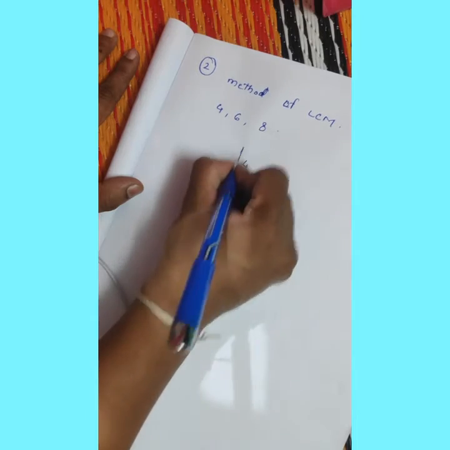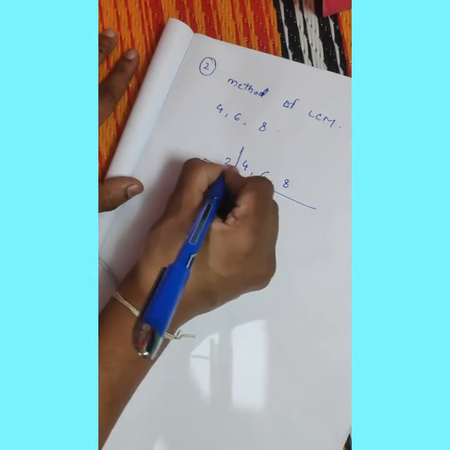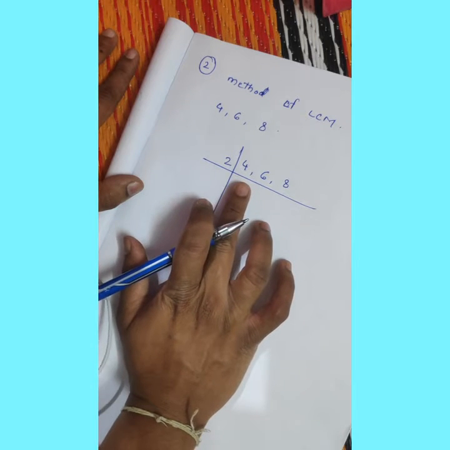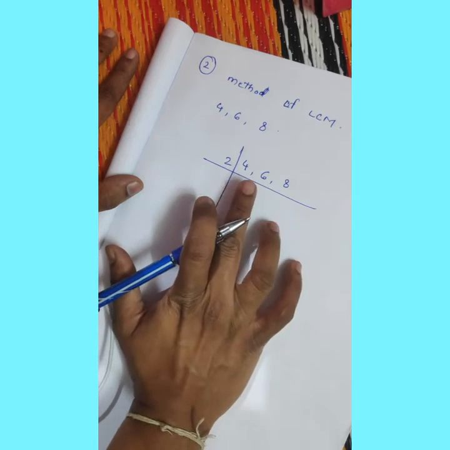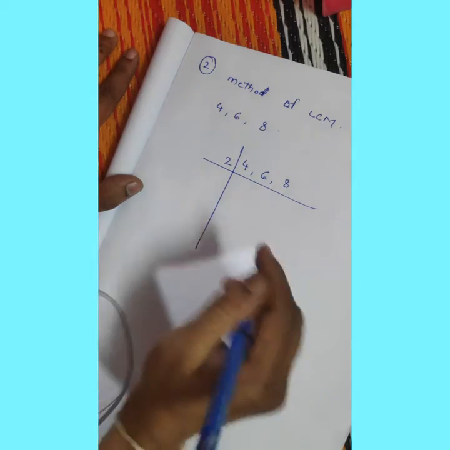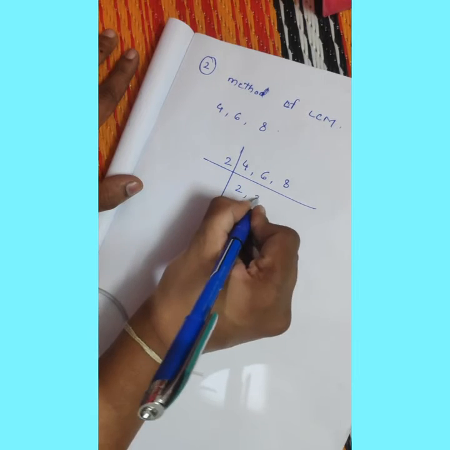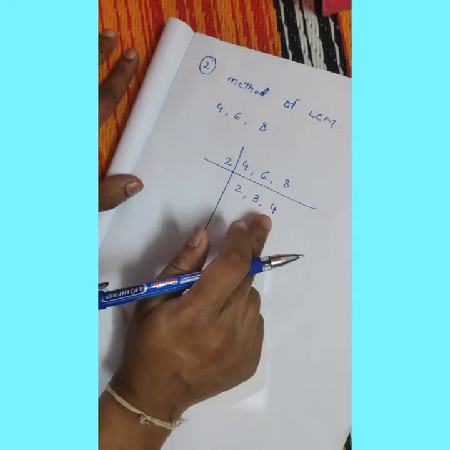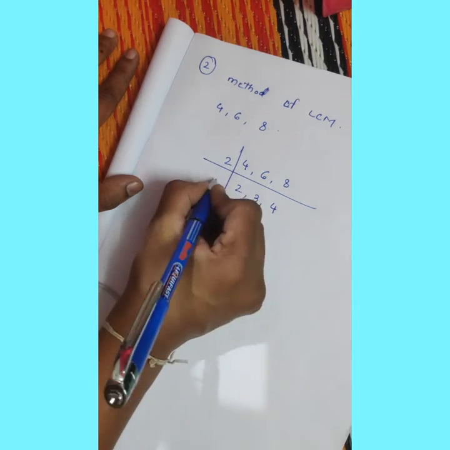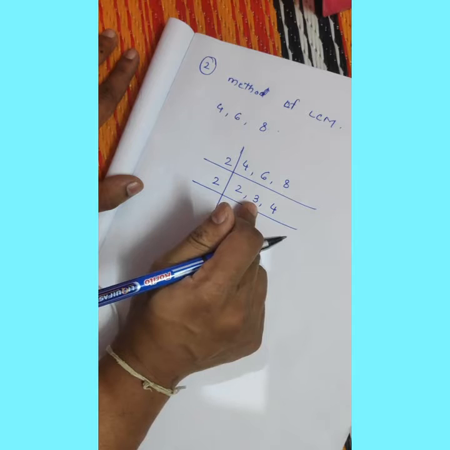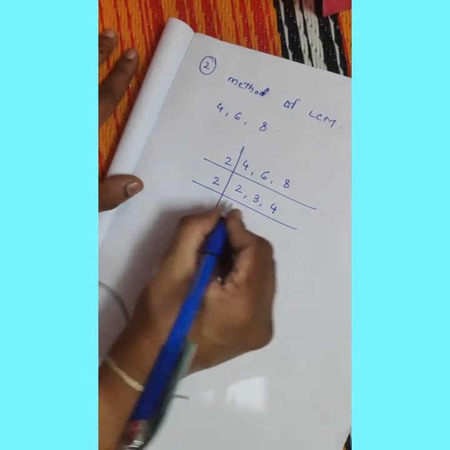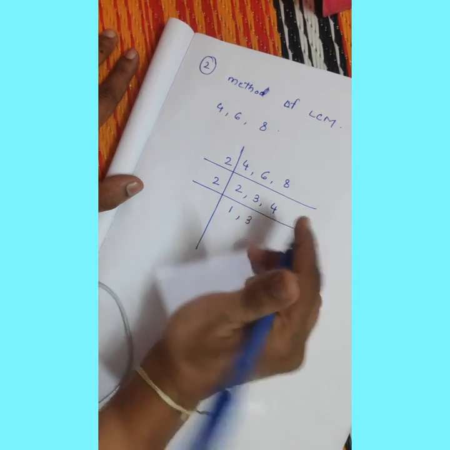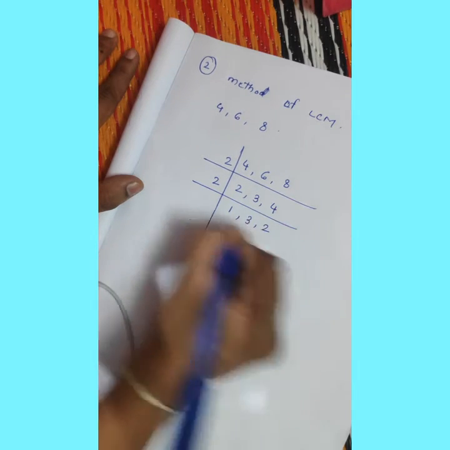Now we will divide by 2 because 2 is the minimum number by which all three numbers can be divided. 2 2s are 4, 2 3s are 6, 2 4s are 8. Again, 3 is not divisible, but 2 and 4 are divisible by 2. So 2 ones are 2, 3 we will write as it is, and 2 twos are 4.